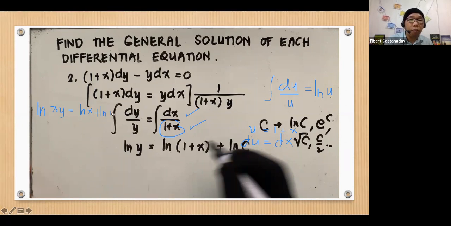Kapag ln of x over y naman, this is just ln of x, yung numerator, tapos minus mo lang yung ln ng denominator. Na-recall nyo na yung property? So ganun gagawin natin sa naka-plus, so magiging product na yung arguments ni logarithmic function sa right-hand side.